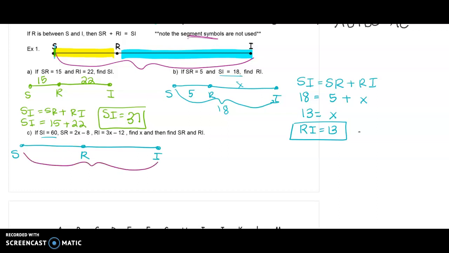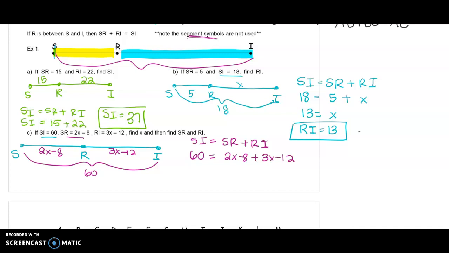So this entire length is 60. Then they said that the length of SR is 2x minus 8, and the length of RI is 3x minus 12. So just like before, SI is equal to SR plus RI. So 60 is equal to 2x minus 8 plus 3x minus 12.